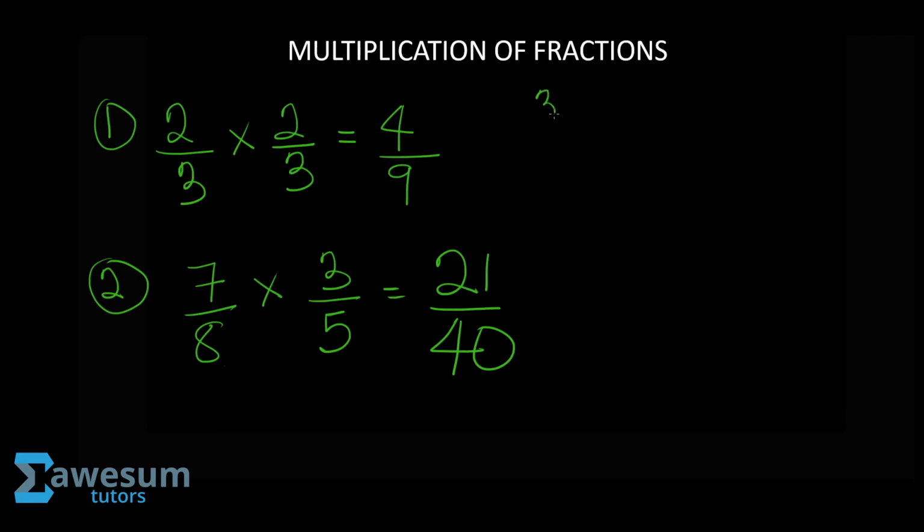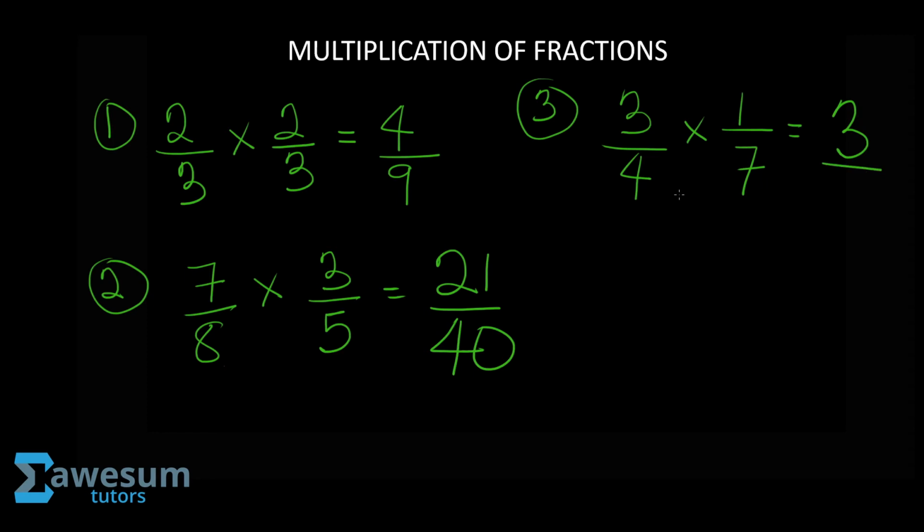Let's look at another example right here. 3 over 4 times 1 over 7. Again, multiply the numerators. 3 times 1 gives me 3, over 4 times 7 gives me 28.